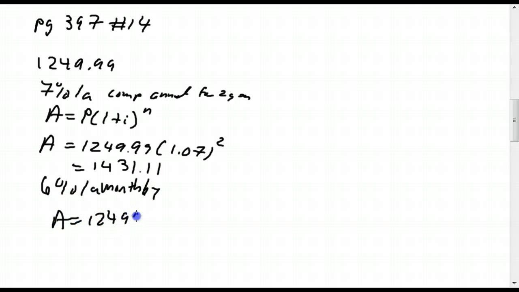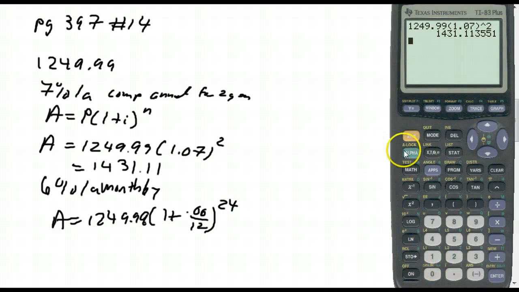So 1249.99 times (1 plus 0.06 divided by 12) to the power of 24, because we're doing 2 years. So I'm just going to copy this down and start entering.